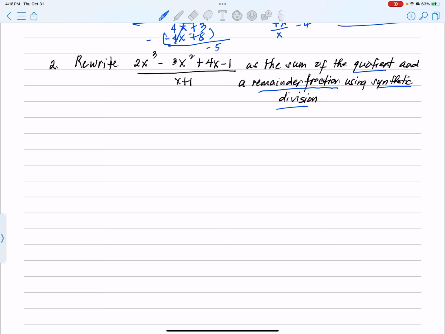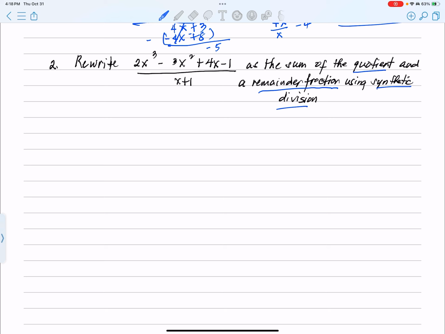Okay, synthetic. So we need to check the terms if they are arranged in descending order and there are no missing terms. In other words, if there is, then we write a zero coefficient.